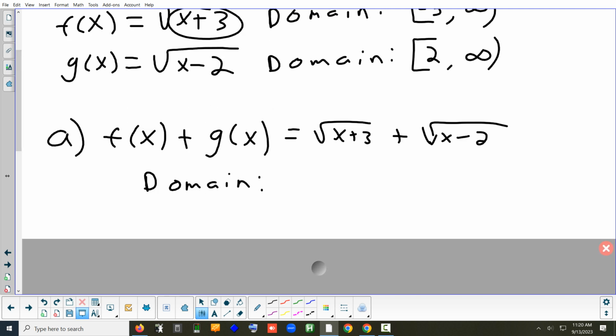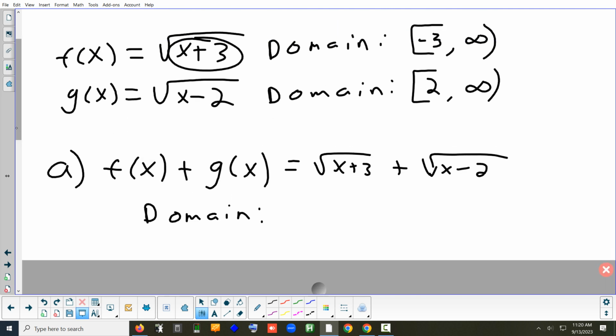Now, what would be the domain? The domain has to be all the numbers that would work in this one, and this has to work in both. So you might find a number like 0. It might work here, but then 0 doesn't work here. So 0 is no good. You're going to say 2? Yeah, up to infinity.